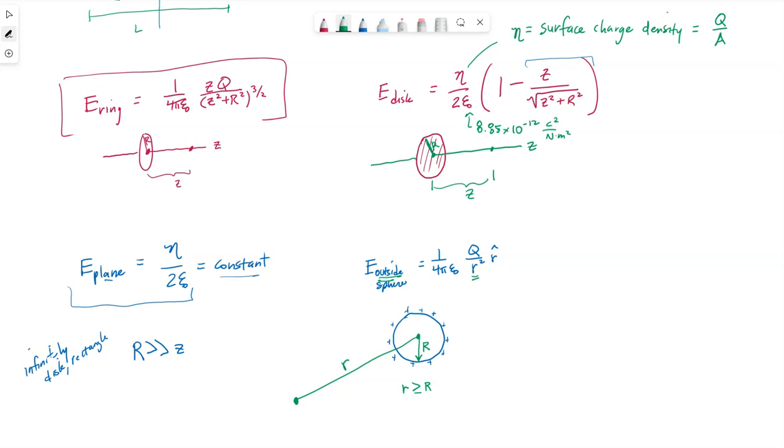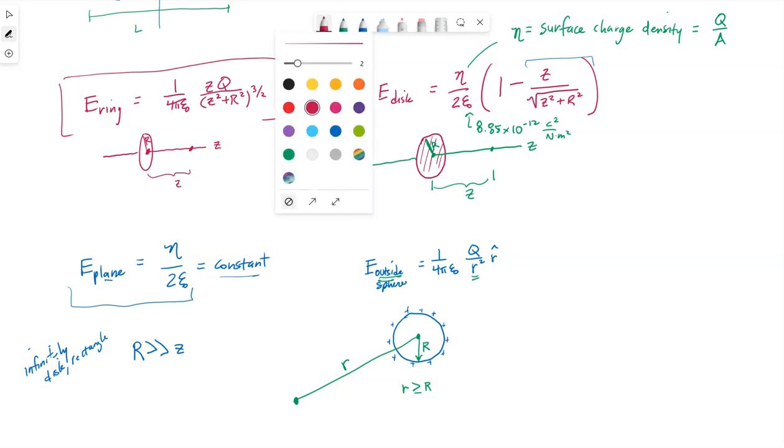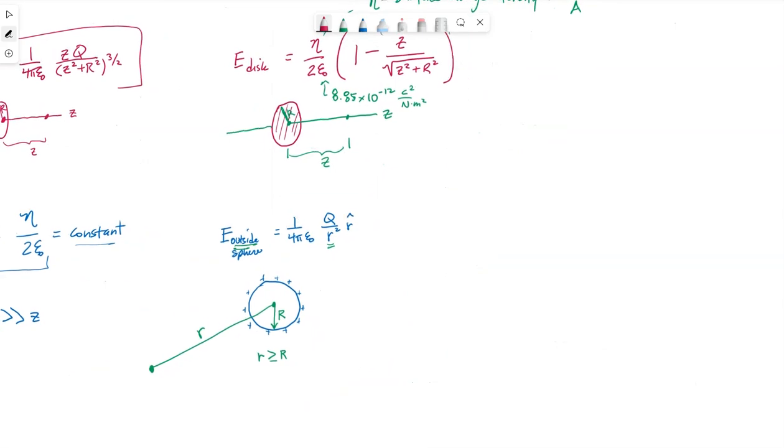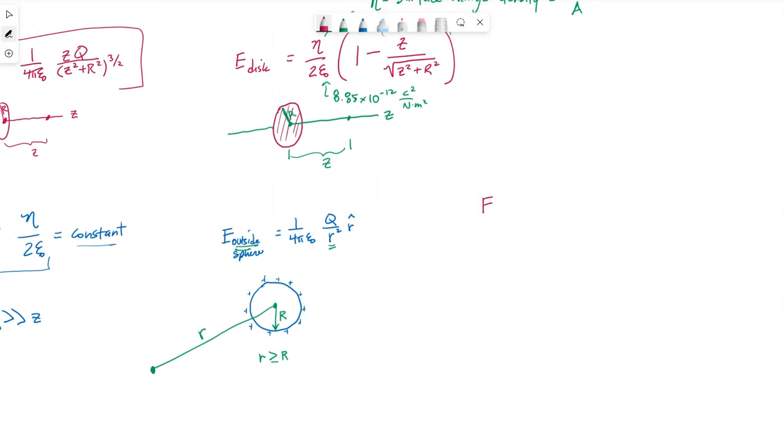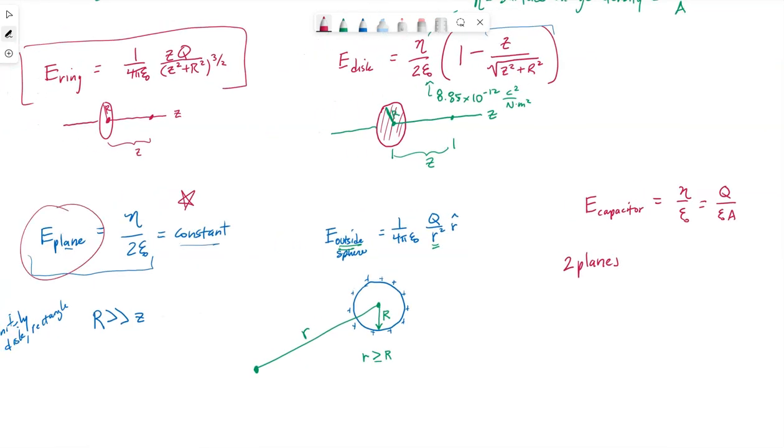Okay, one last equation for electric field specifically. Yes, there are a lot of them. That's why I'm going through them so that we hopefully will know how to work with them. E of a capacitor. By definition, a capacitor is two planes. So remember over here on the left, it's mostly out of sight, E of a plane.